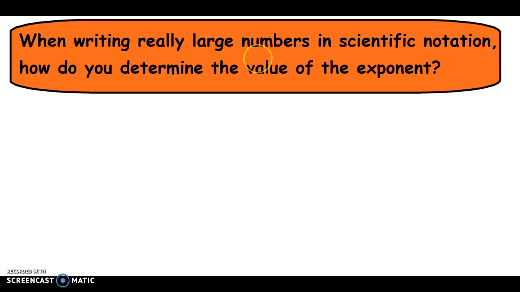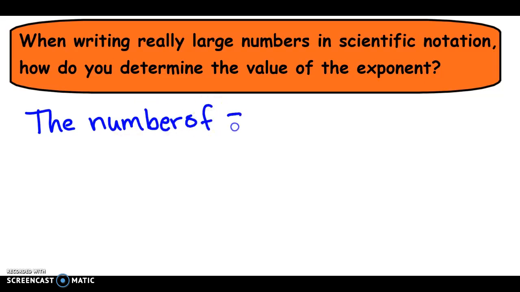So when writing really large numbers in scientific notation, how do you determine the value of the exponent? Well, you should have remembered that the value of the exponent is the number of zeros. That's the big idea here. The number of, sorry, I messed that up. The number of spaces, I told you what you weren't supposed to do.